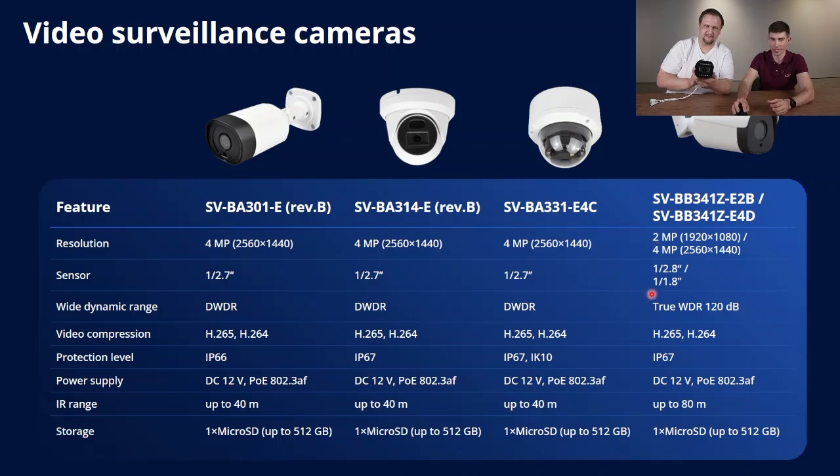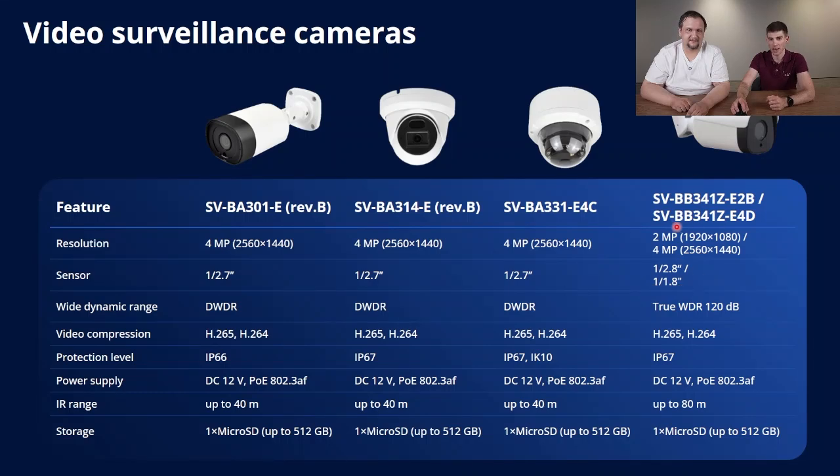So the camera can change its focal distance from, I believe, 2.7 all the way to 13.5, making the viewing angle significantly different, and it makes it possible to zoom in and out without the loss of quality. This camera comes in two variants, with 2 and 4 megapixels, and the 4 megapixel camera also has a much bigger image sensor.